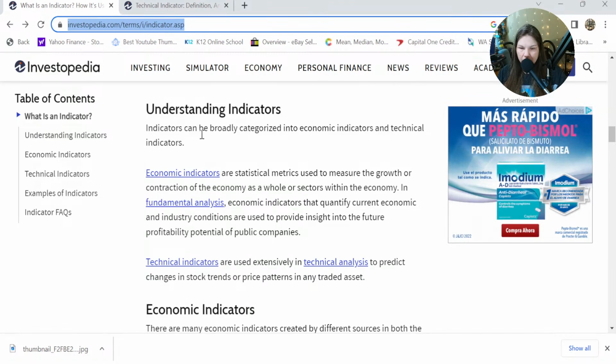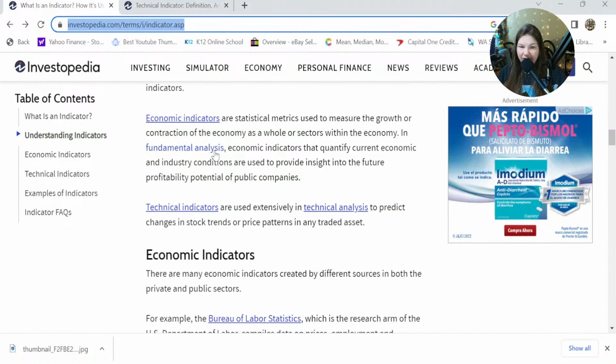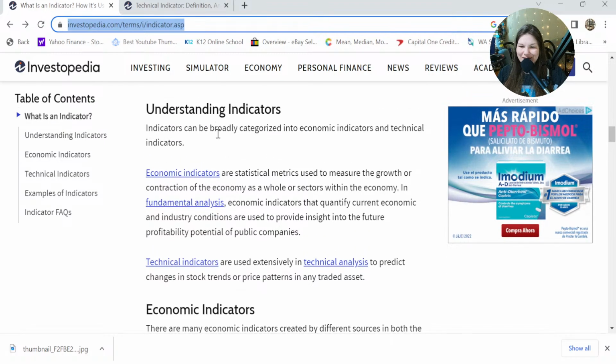So, indicators can be broadly categorized into economic indicators and technical indicators. And we're going to learn both, guys. Economic indicators are statistical metrics used to measure the growth or contraction of the economy as a whole or sectors within the economy.